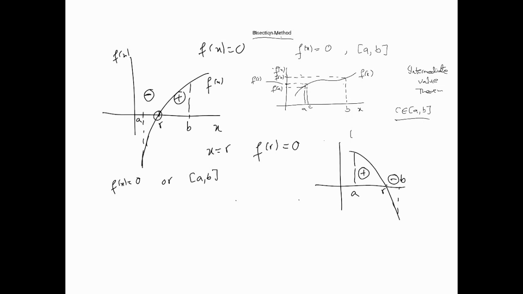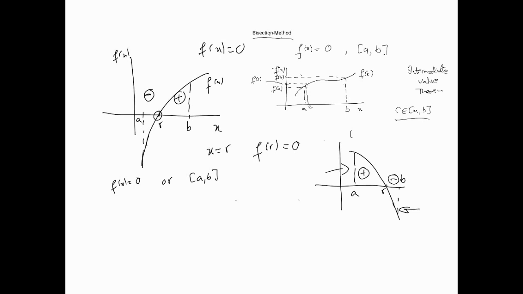And no matter what we do, what's interesting is if there is a root between A and B, we expect that there will be a change of sign for the values of F. In other words, F is positive here, as you can see, and over here, F is negative.